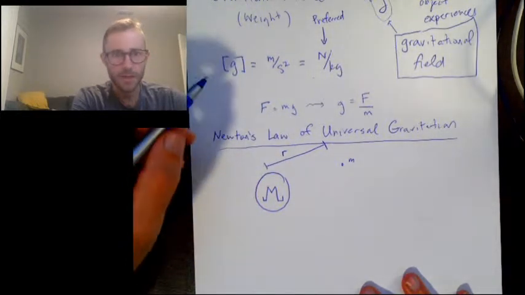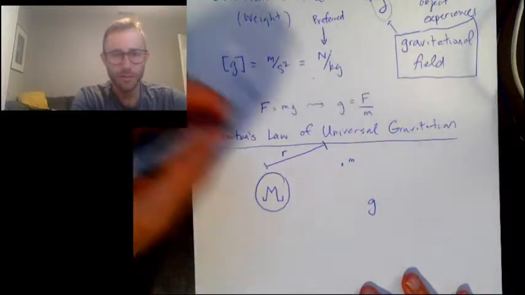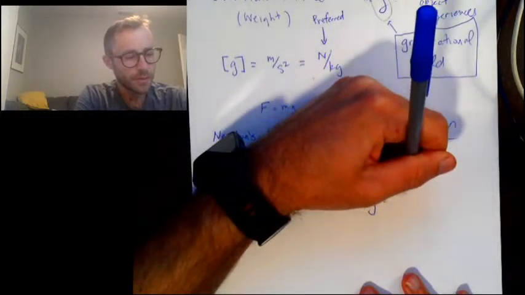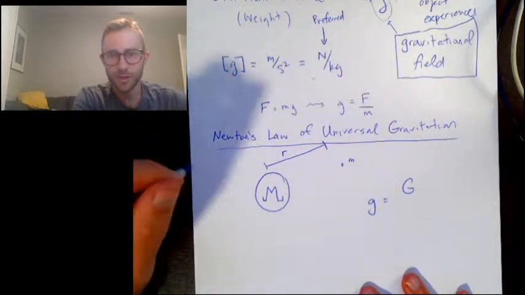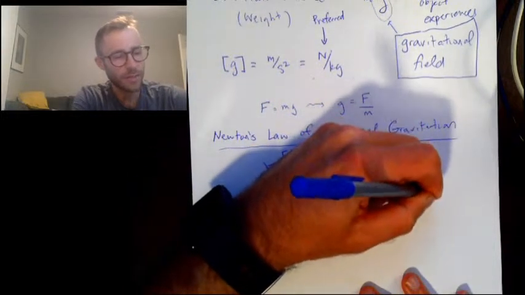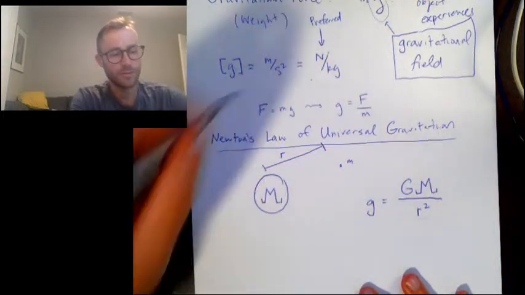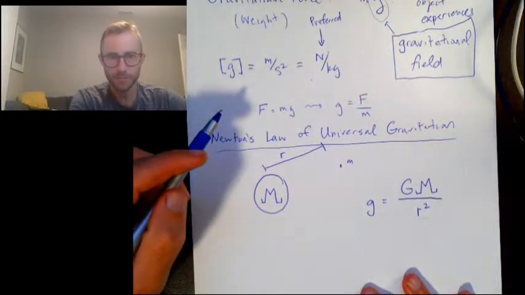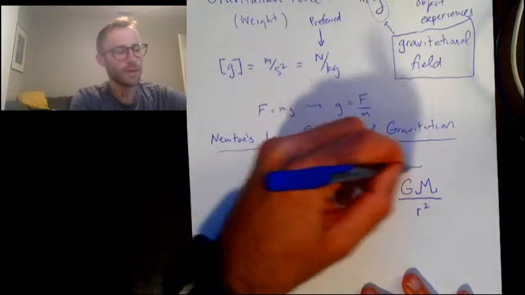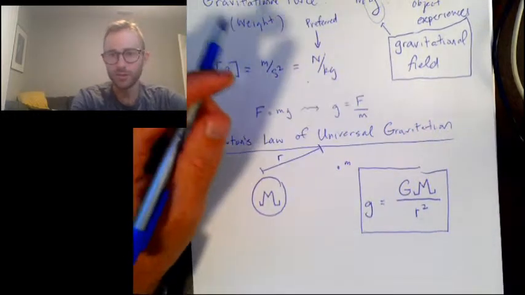The gravitational field that the big mass produces is equal to big G, which is a constant of nature, times the size of the big mass divided by the distance between them squared. So this is our main result for today. This is called Newton's law of universal gravitation.